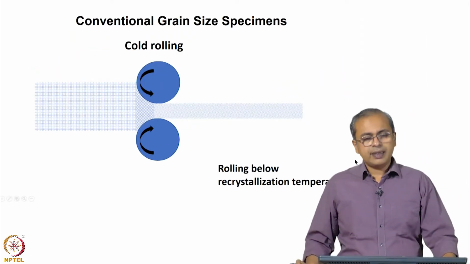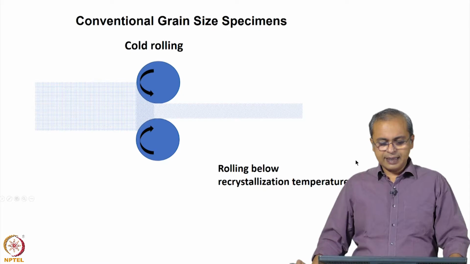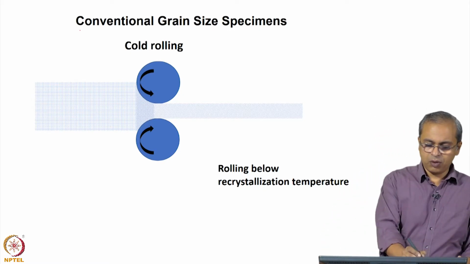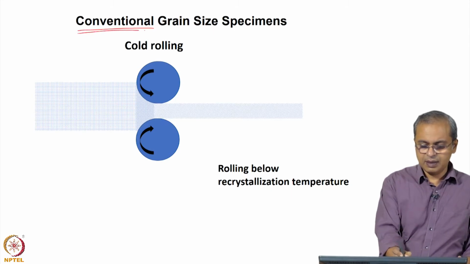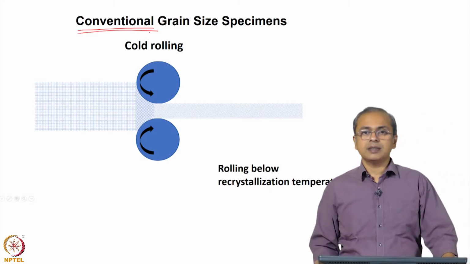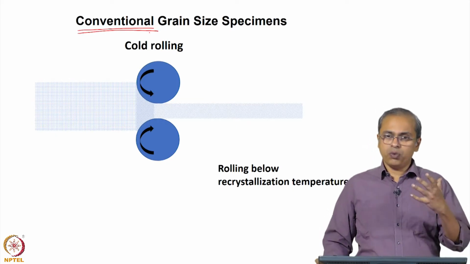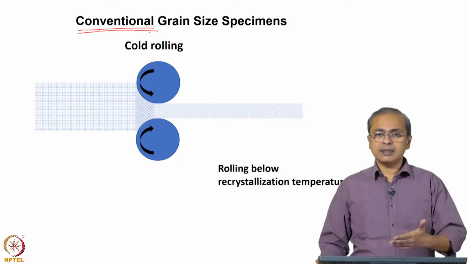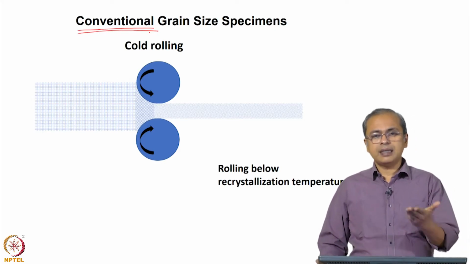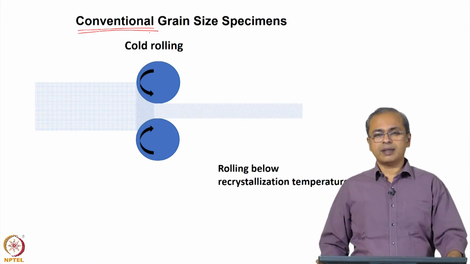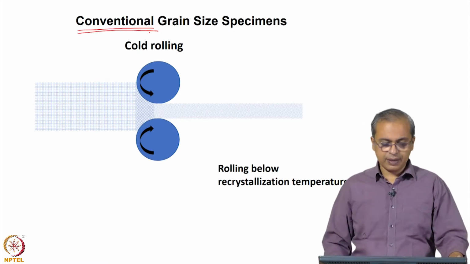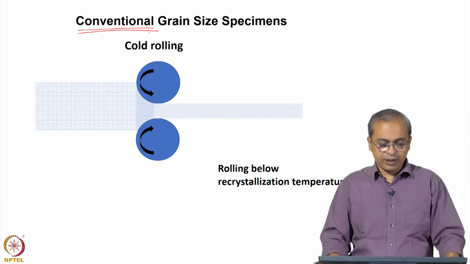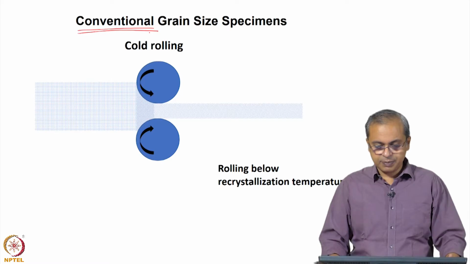So, if you see the larger grain size sample preparation process, what we would also otherwise call a conventional grain size, the reason we say conventional grain size is because if you go to a typical hardware store or typical supplier of materials, chances are they are already giving you a sample that is in this grain size range, and that is what we are referring to as a conventional grain size specimen.